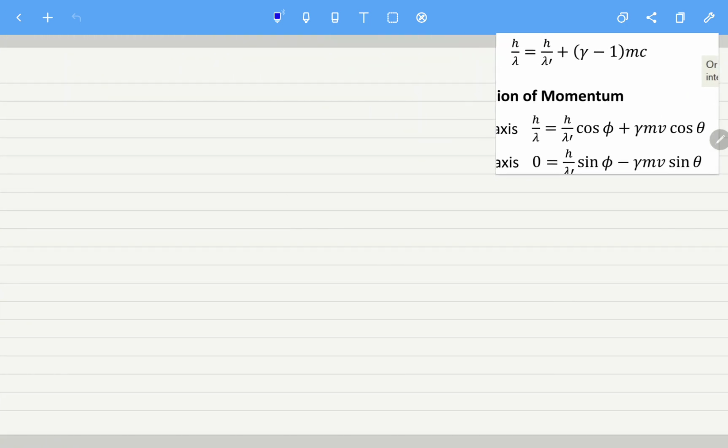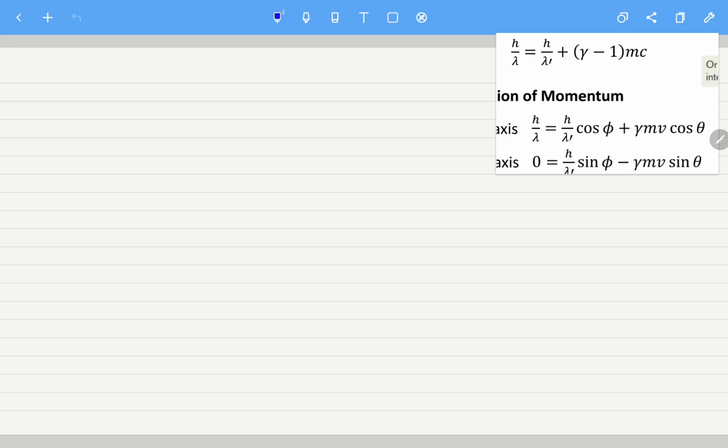The way of eliminating theta is very easy. I think you should have learned it in high school. We should make use of sine square plus cosine square equals 1. So we can just move the last term to one side and the other terms to the other side.